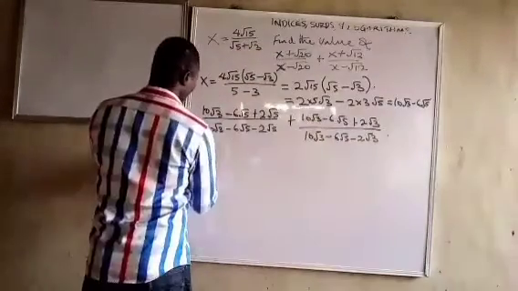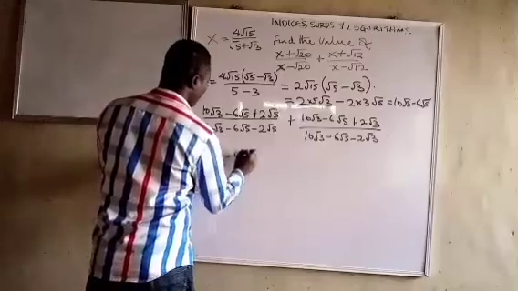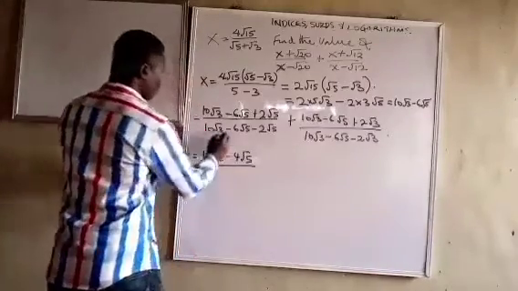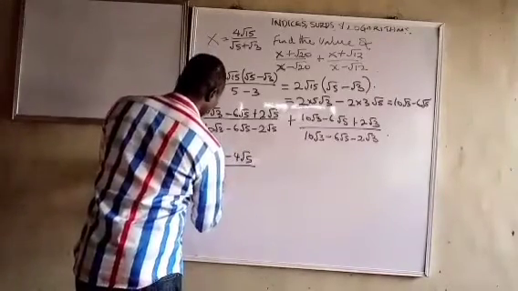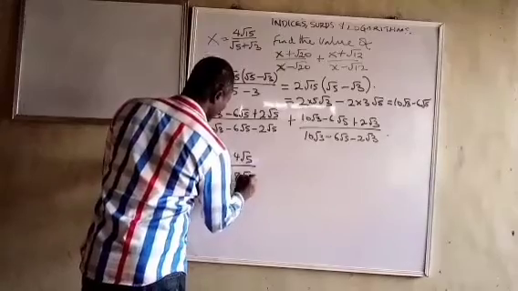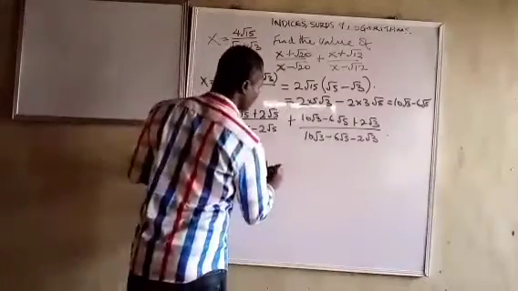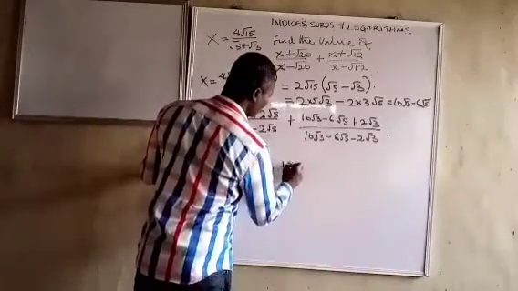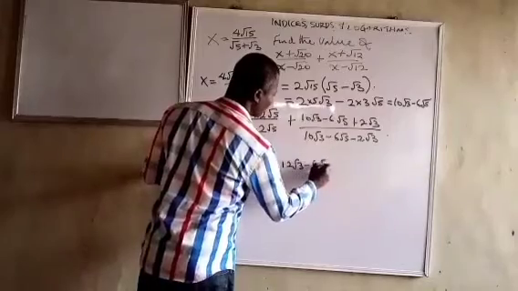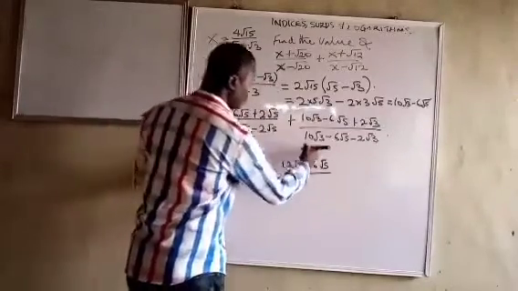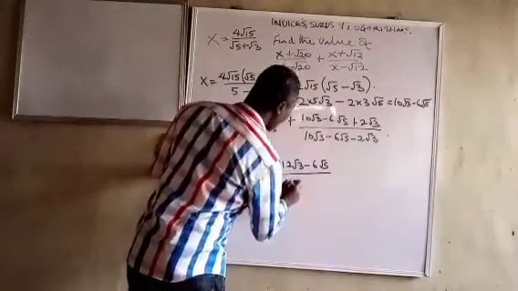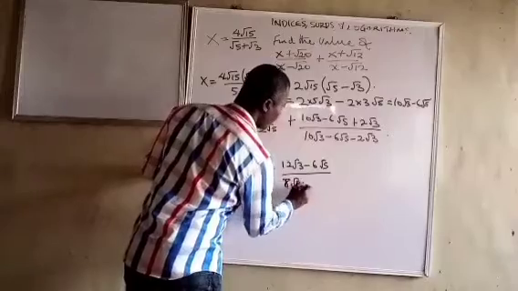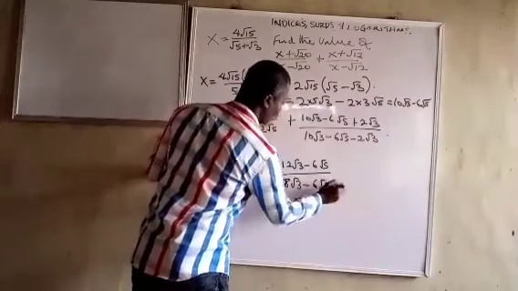So let's see what this gives. 10 root 3 minus 4 root 5 over 10 root 3 minus 8 root 5, plus 12 root 3 minus 6 root 5 divided by 8 root 3 minus 6 root 5.